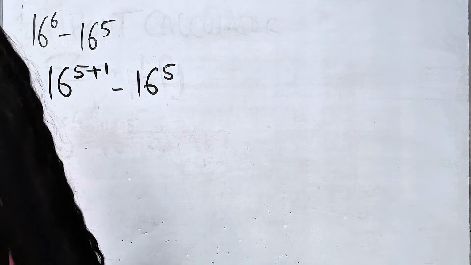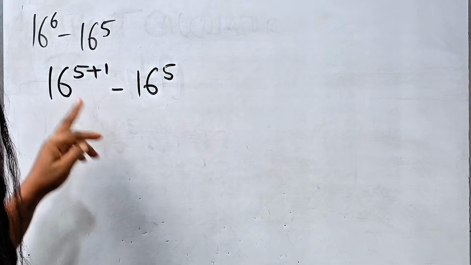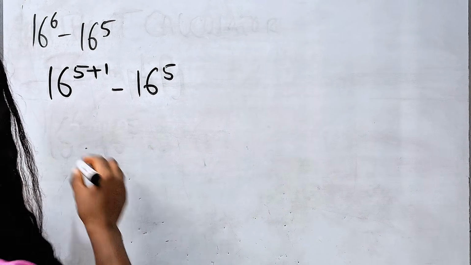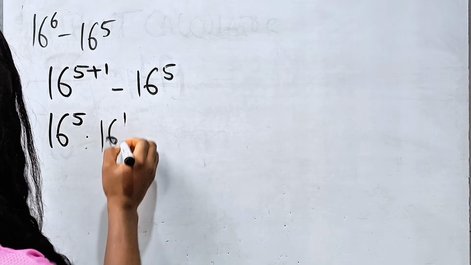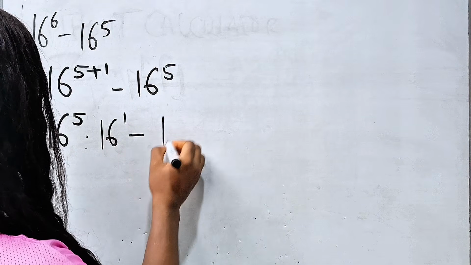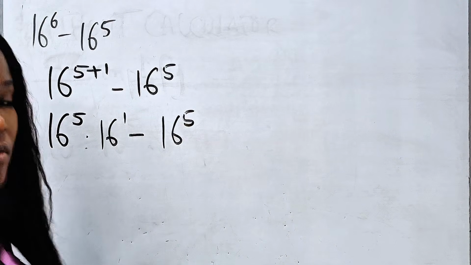Therefore, let us apply that here. So we can write this as 16 to the power of 5 multiplied by 16 to the power of 1, minus 16 to the power of 5.